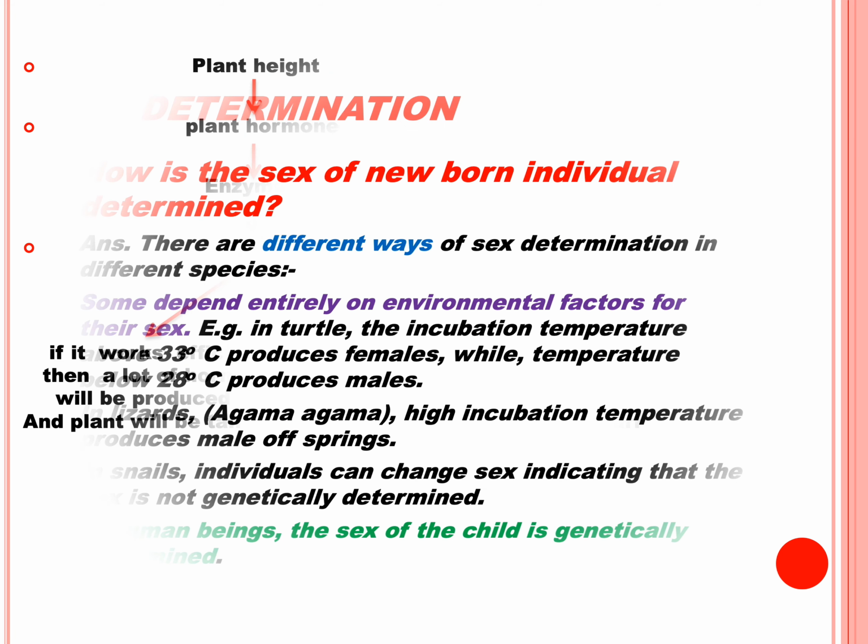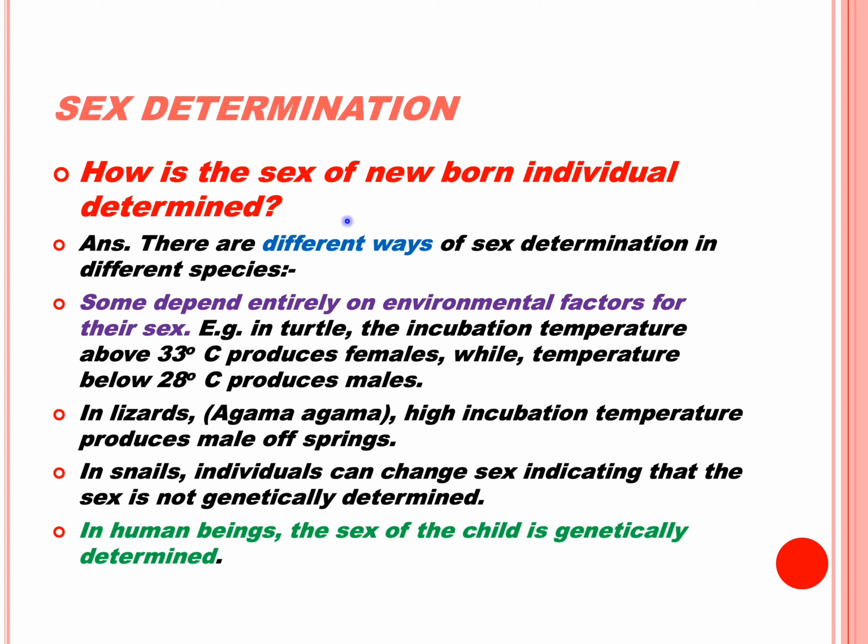Now students, let us see one more important topic of this chapter, that is sex determination. How is the sex of newborn individual determined? Students, there are different ways of sex determination in different species. Some species depend entirely on environmental factors for their sex. For example, in turtle, the incubation temperature above 33 degrees Celsius produces females.